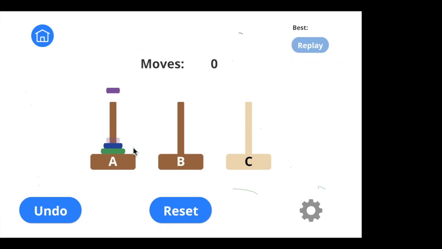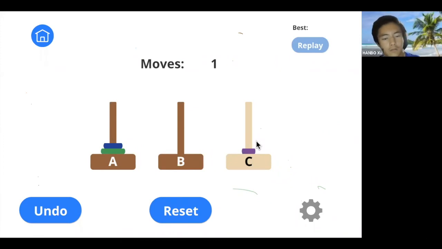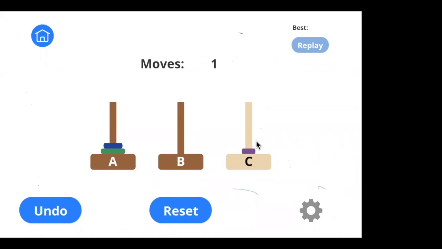Purple to C. Great job. Continue. Purple to B. Nice.